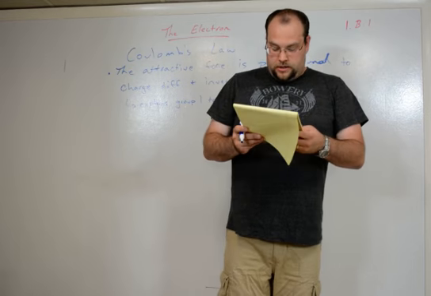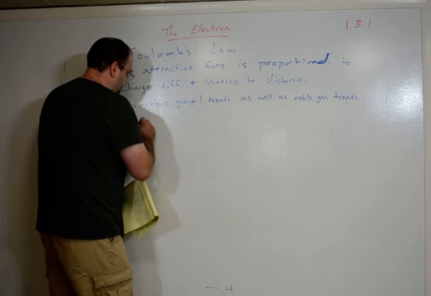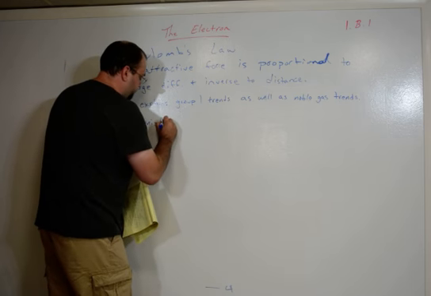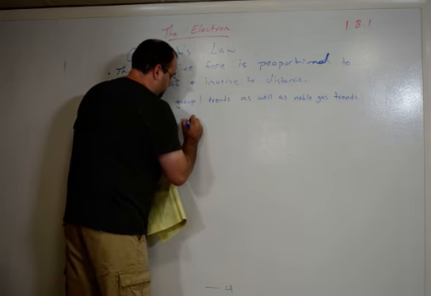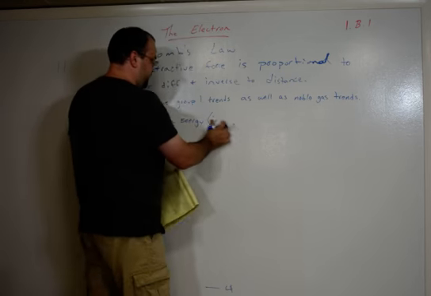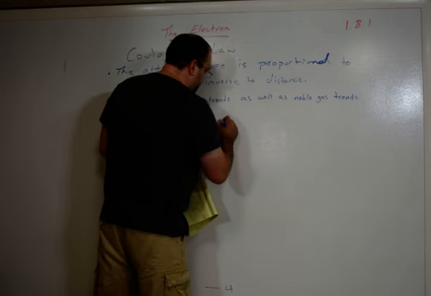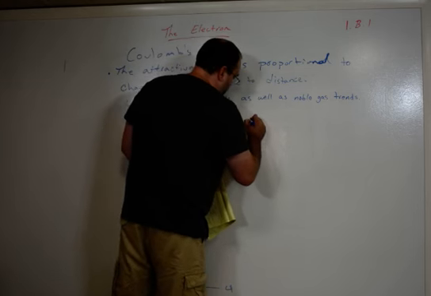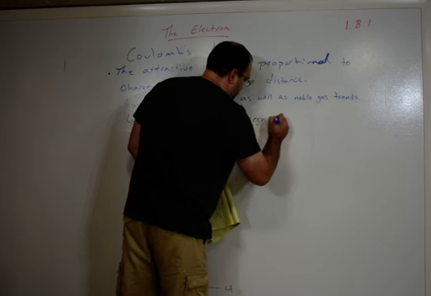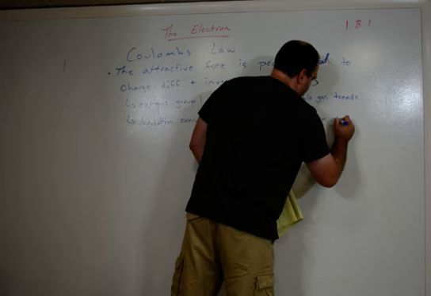Okay? It also explains something called ionization energy. Ionization energy is the energy required to strip an electron.